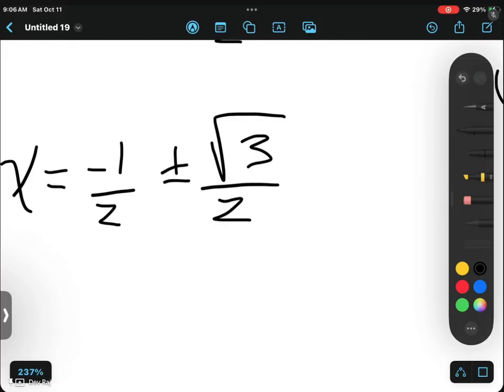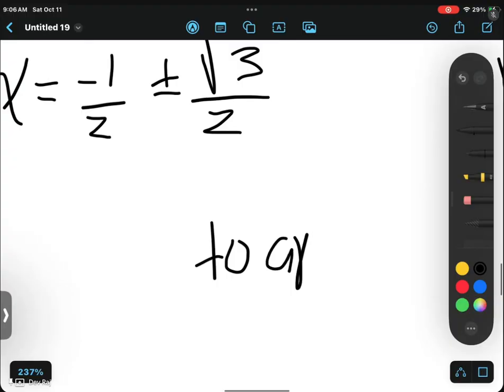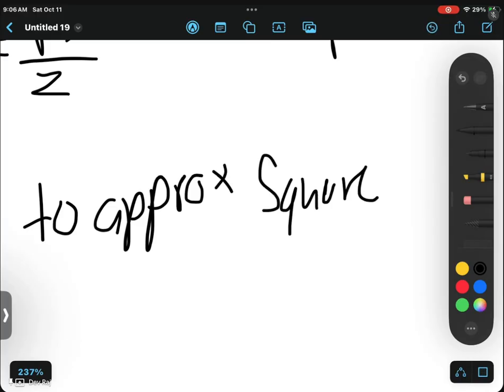Do you know how to approximate a square root? No? Okay. To approximate a square root, we do, let's see.